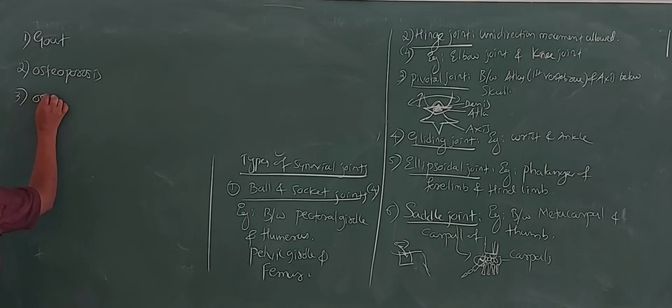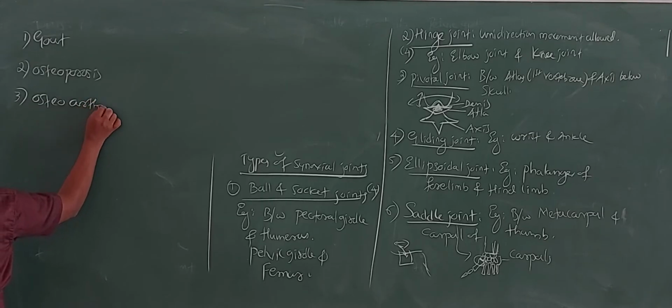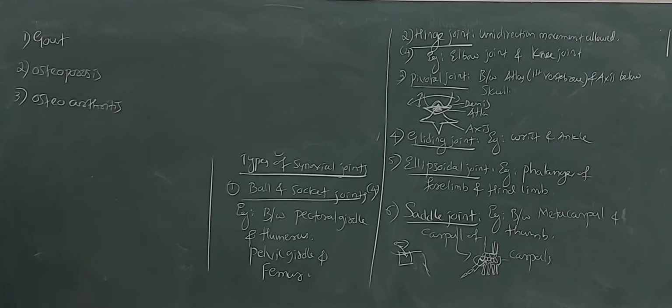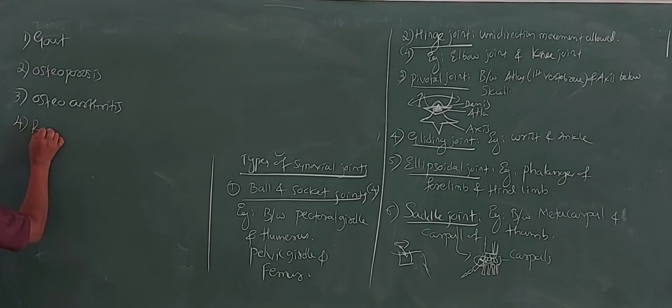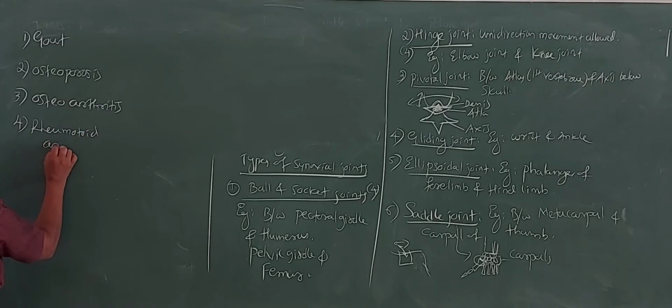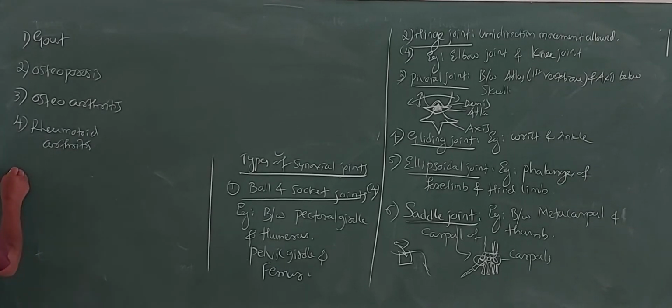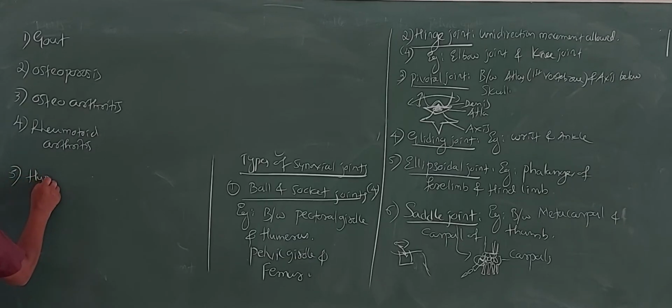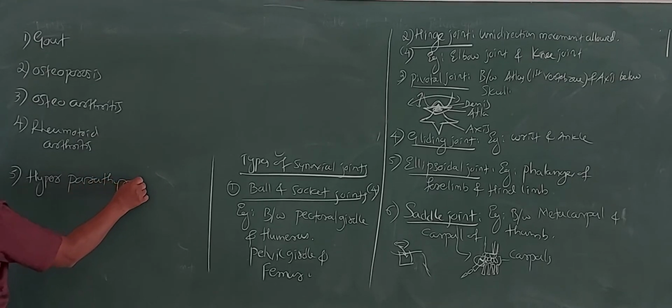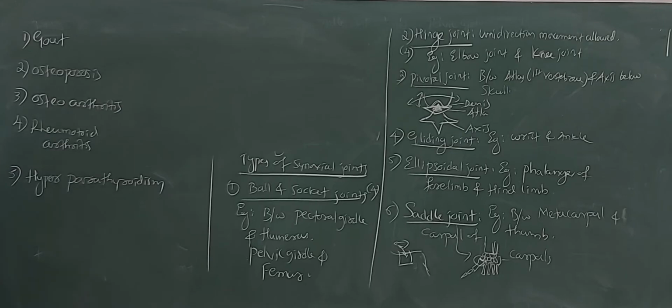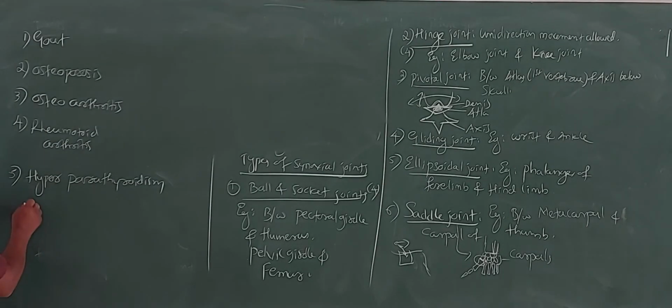Number three, osteoarthritis. Number four, rheumatoid arthritis. Then hyperparathyroidism, leading to spongy bones.